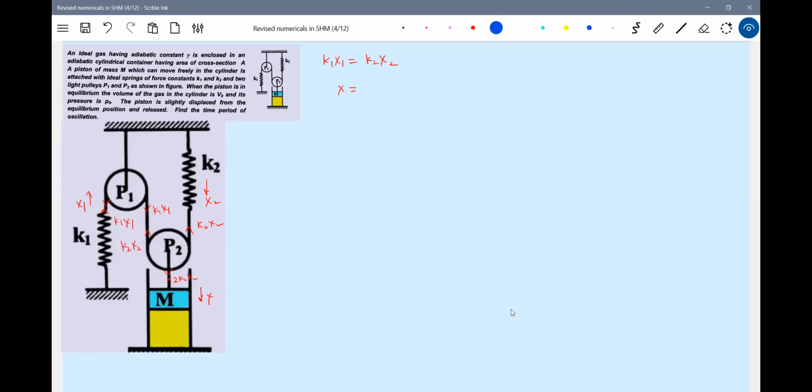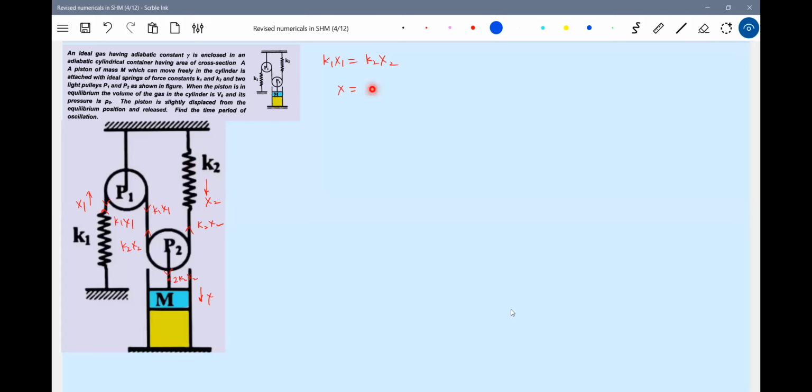No. Let me try. Let's assume that this spring is not there, let's assume that here one string is there. Then if this pulley moves by 1 meter, here 1 meter will increase. Then how much will this elongate? By 2 meters. So therefore, the elongation of the spring is twice of this, or the displacement of the block is half of the elongation of the spring.